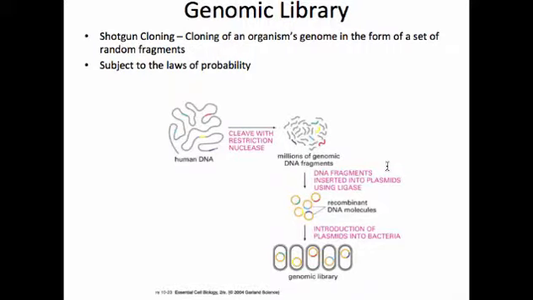And so genomic libraries can be one of two different things. They can either be what we call a genomic library, and genomic libraries house all of the different components to a gene. So we're talking regulatory areas, introns, and exons. You will also hear of cDNA libraries. cDNA means complementary DNA.